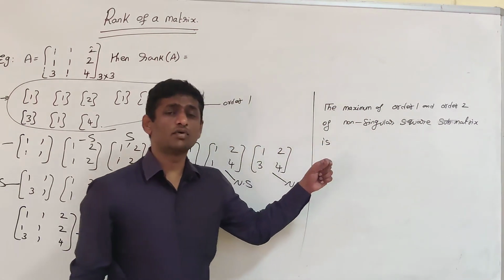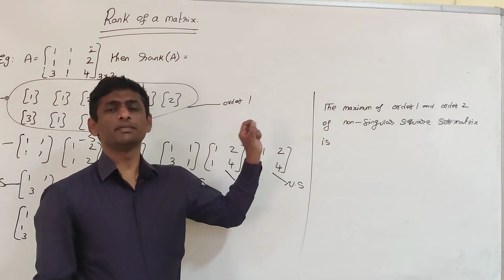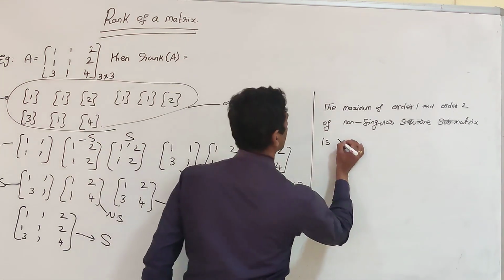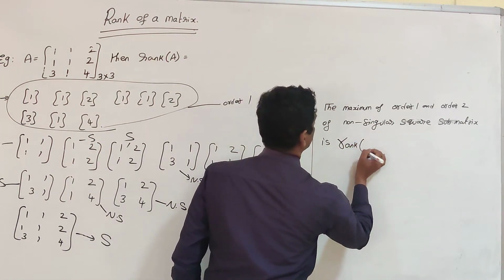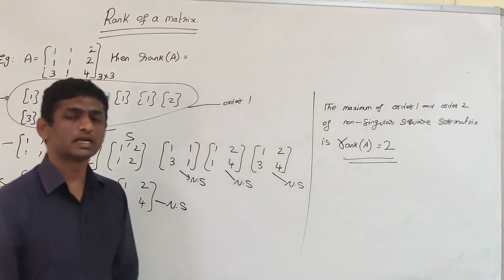Among the orders 1 and 2, the maximum is 2. Therefore, the rank of A is 2. The rank of A is 2.